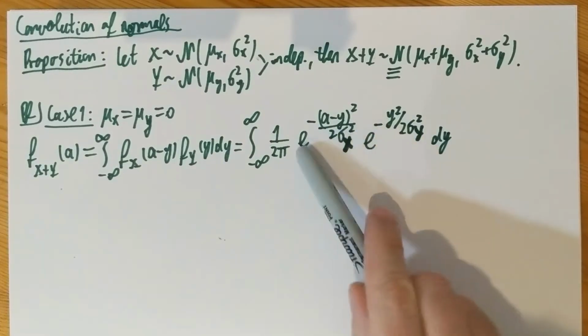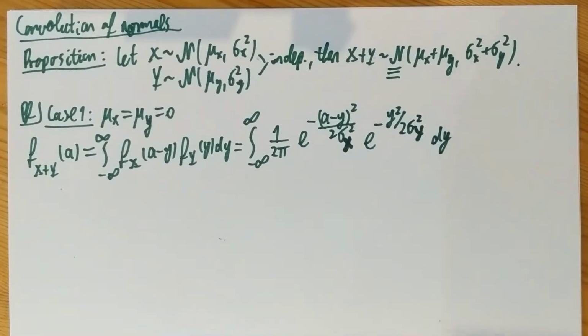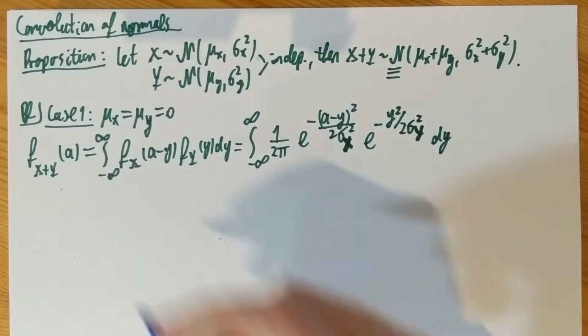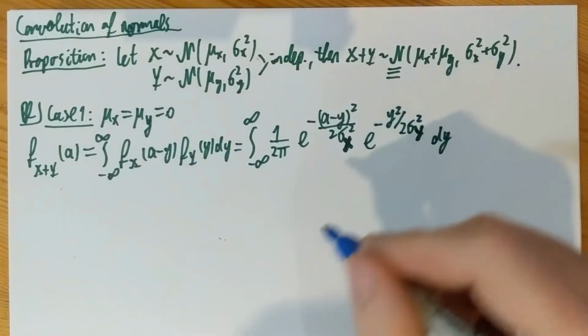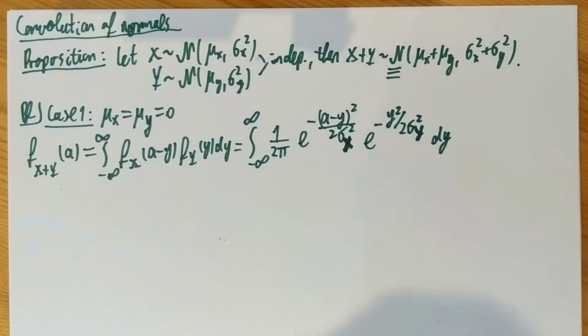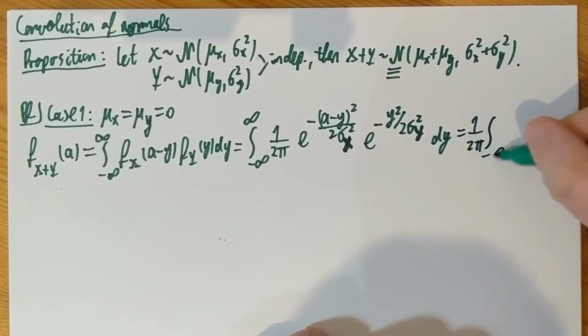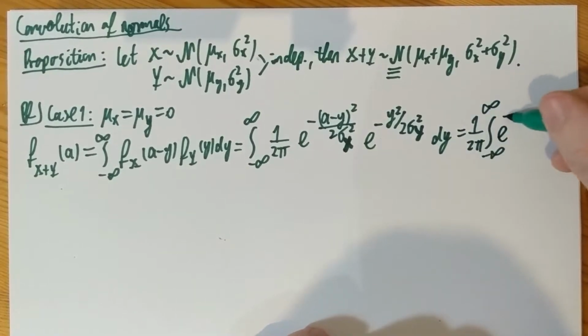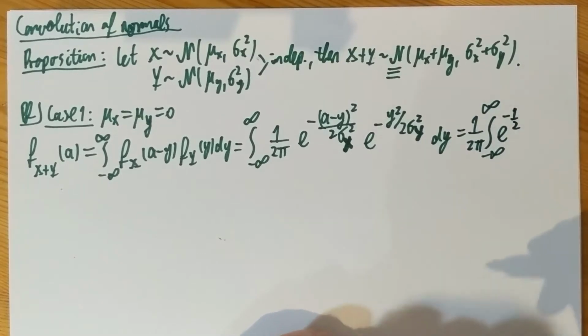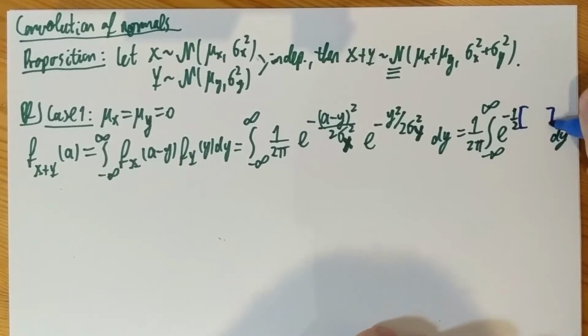So when I multiply together the two exponential functions, the exponents add up. So I'm going to factor out a minus 1/2 from these exponents. So I'm going to say that this is 1 over 2 pi, integrate from negative infinity to infinity e to the minus half times something, and that something I'm just going to denote by this blue bracket here.